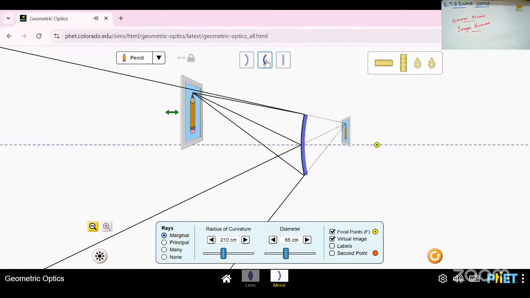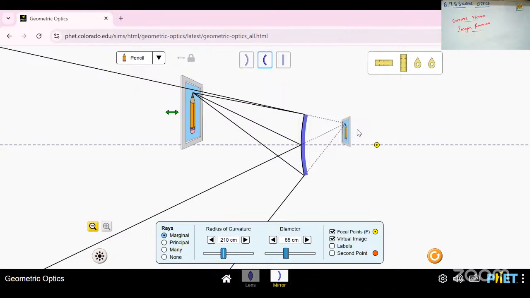So how is the image formed here? Yes, look at the image, how it is formed. So this is the right object. The light is passed here. So this is the reflected ray from this object. When the rays fall on that convex mirror, the image is formed on the opposite side.